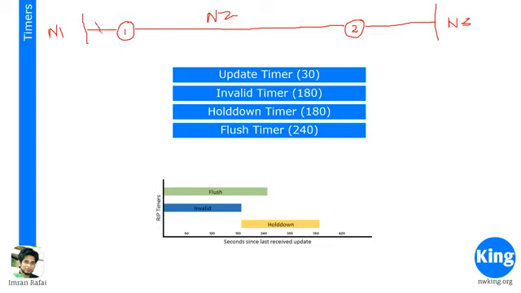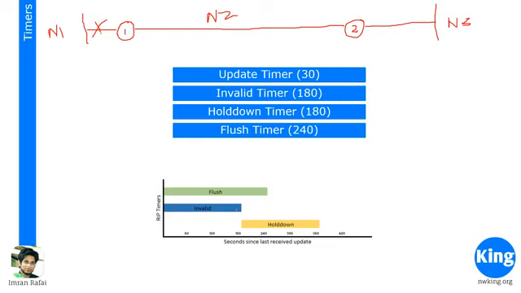Now let's say for some reason this link breaks. Router 1 now does not know anything about network 1. So the next time router 1 tells router 2, it only updates about network 2. So router 2 says, okay, this network 1, I'm going to put it in the invalid timer because I did not get any updates about it. So the invalid timer starts, for 180 seconds.